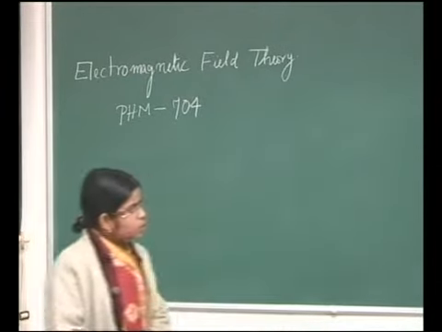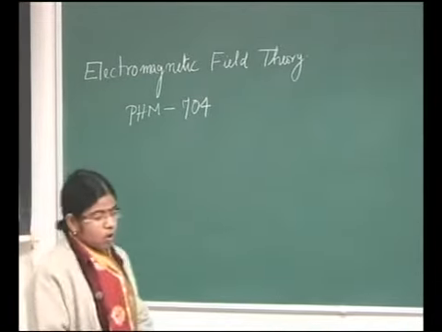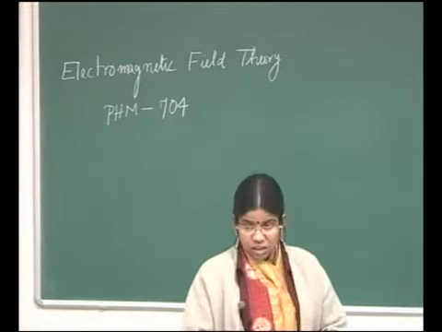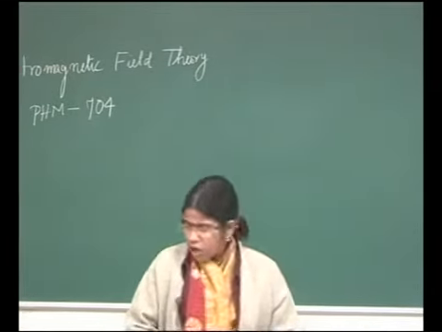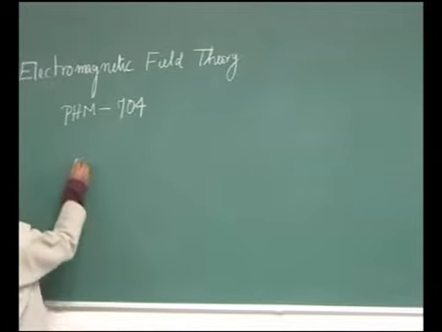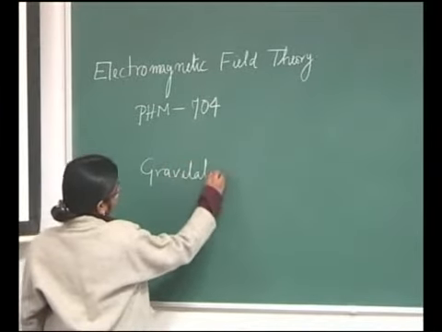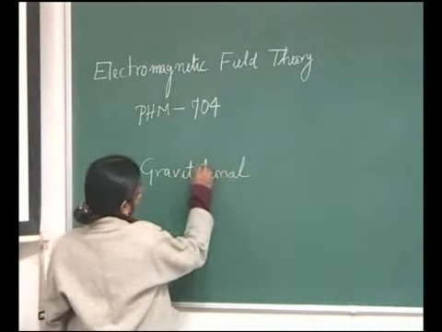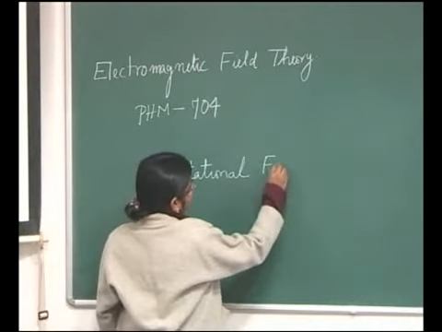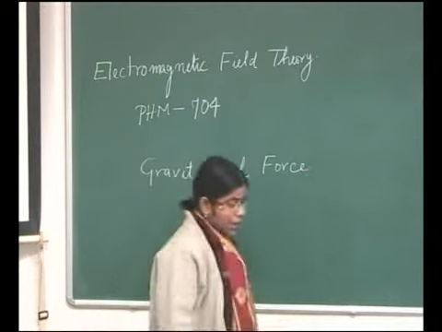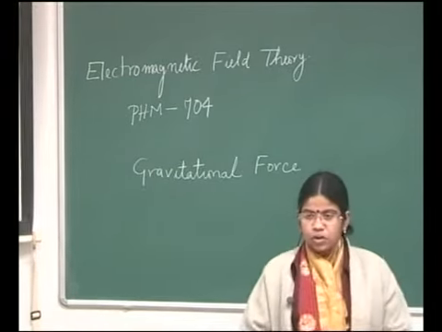So just to give you an introduction, why do we need to study this course at all? We all know there is a force called gravitational force, a well-known force dominating Newtonian mechanics.